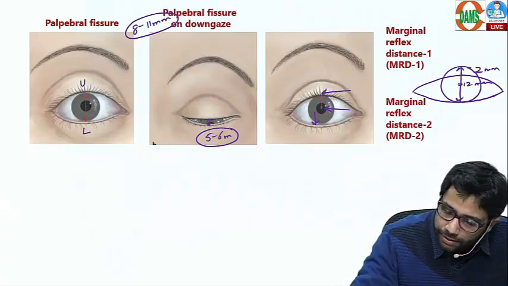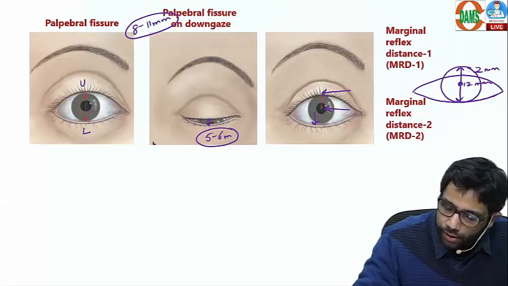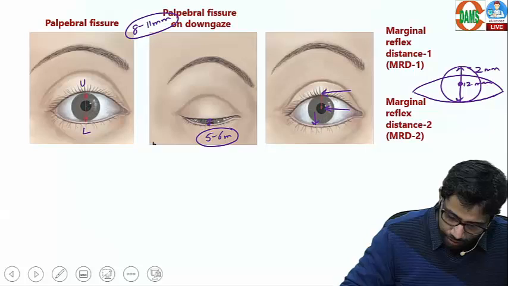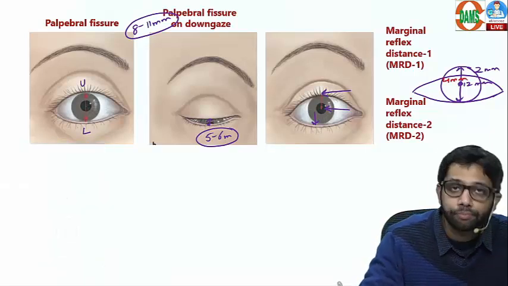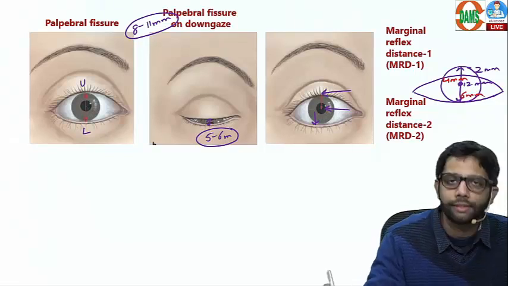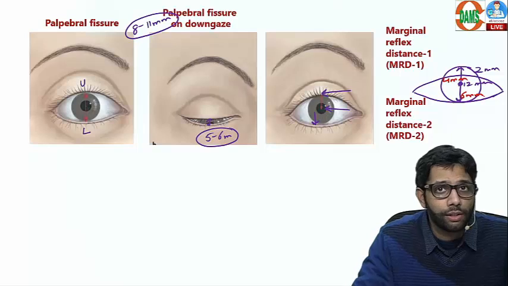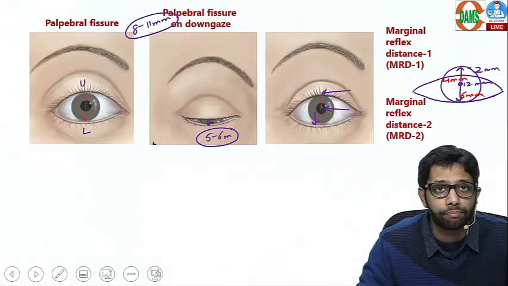The corneal reflex will be in the center of course. So 2 millimeters is already covered. So in this case the MRD1 will turn out to be 4 millimeters and the MRD2 will turn out to be 6 millimeters. So these two important reflex distances you have to measure and show to the examiner. I'll show you how to do it.